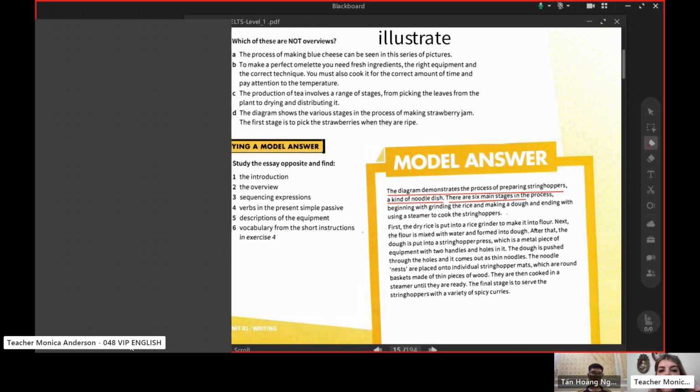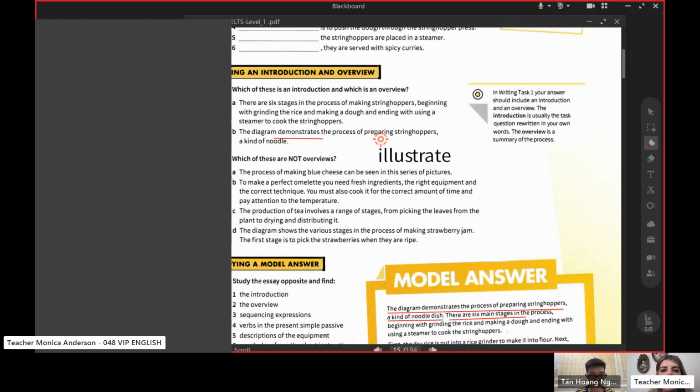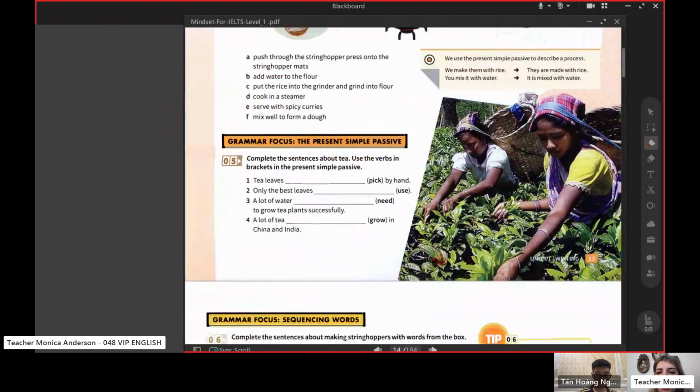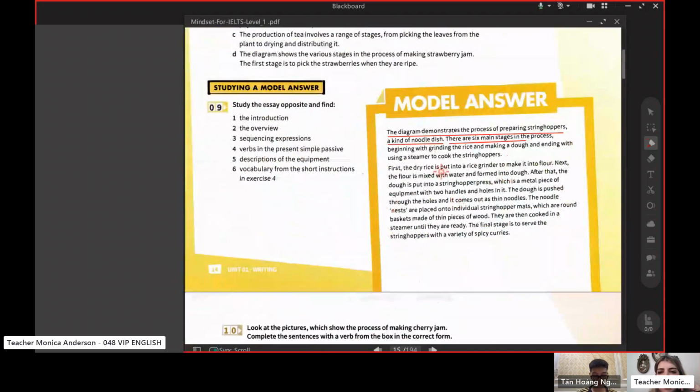And the last one, vocabulary from the short instructions in exercise 4. A short instruction is part 4. Okay, we have some vocabulary here. Of course, grinder, grind. So we need to find some vocabulary from the text.